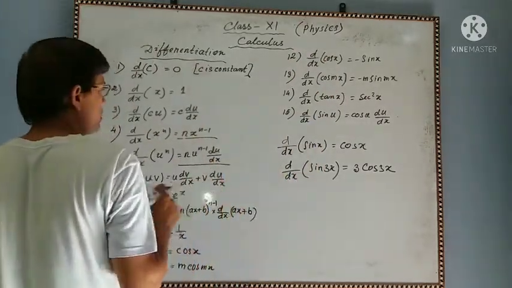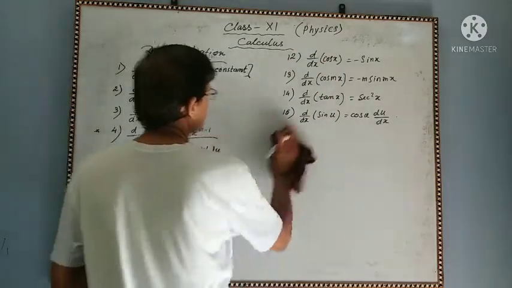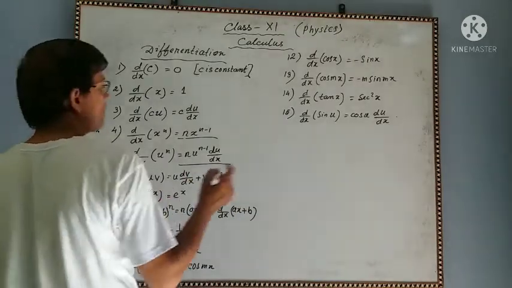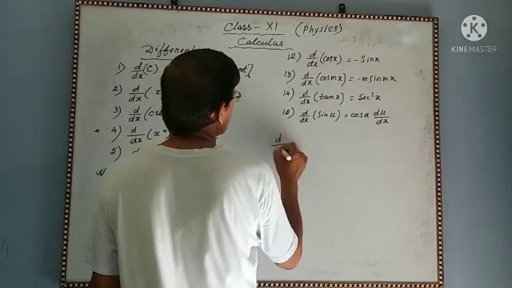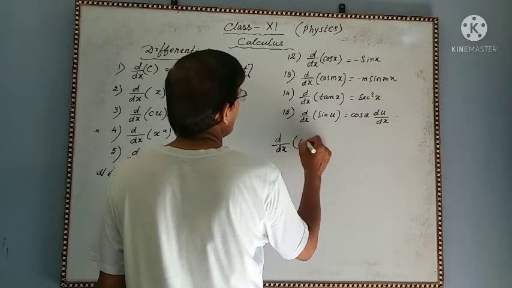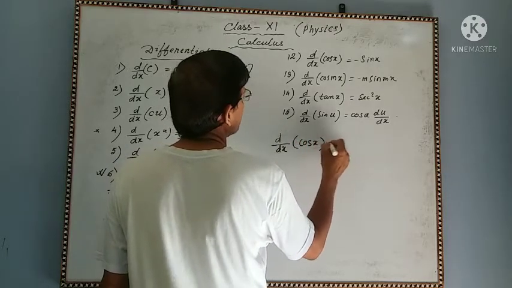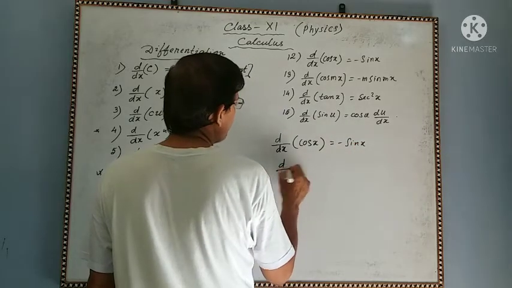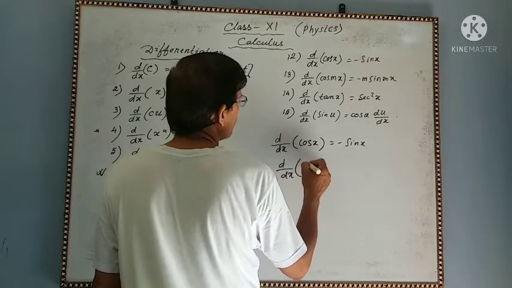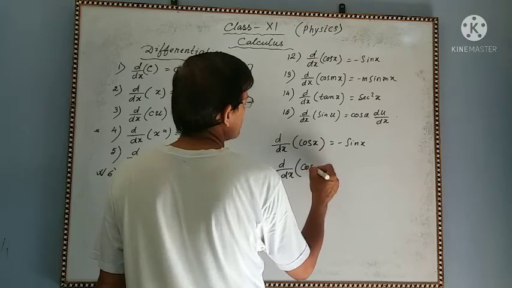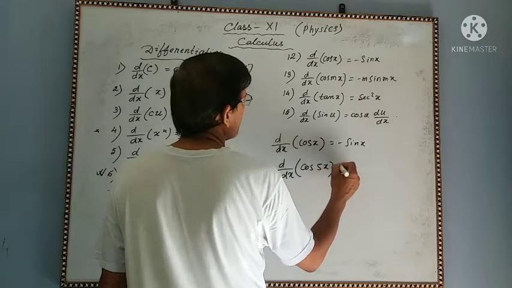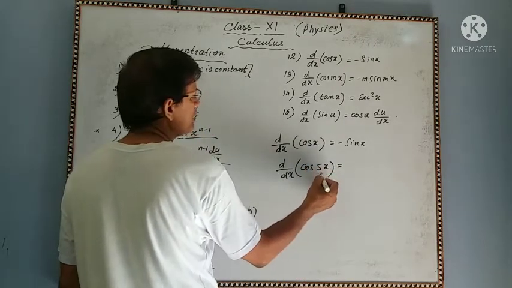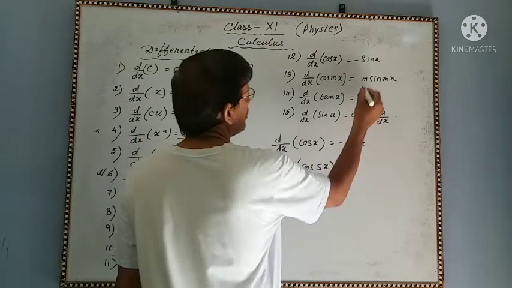D by dx of cos x is minus sin x, but d by dx of cos mx, say cos 5x, this is your m, so how this formula?